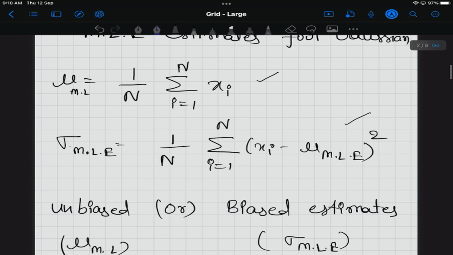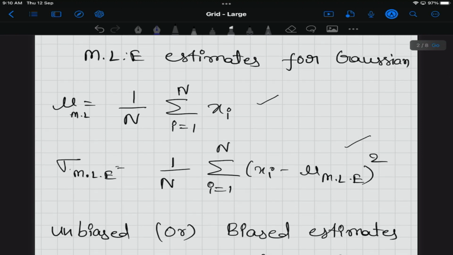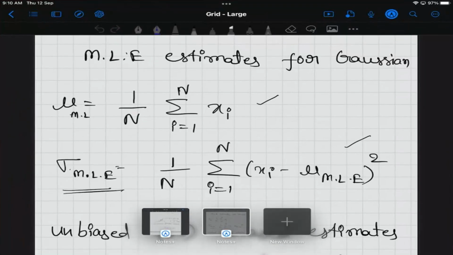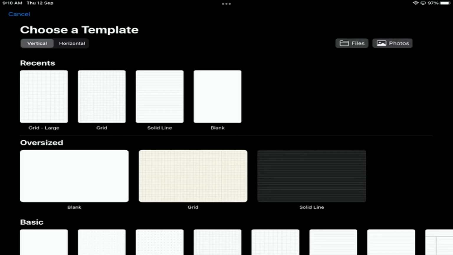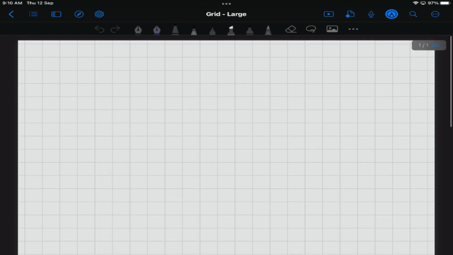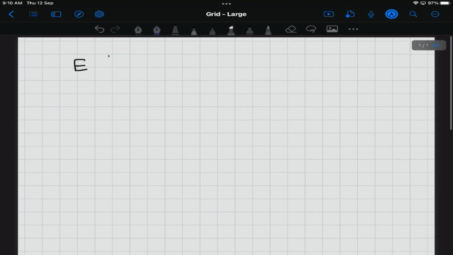Fine. Now we have derived the variance, no? I am saying that my variance estimated using maximum likelihood is a biased estimate. Now we'll see what is the meaning of biased and unbiased estimates. Suppose you are estimating a parameter, and you take the expectation over your estimates.